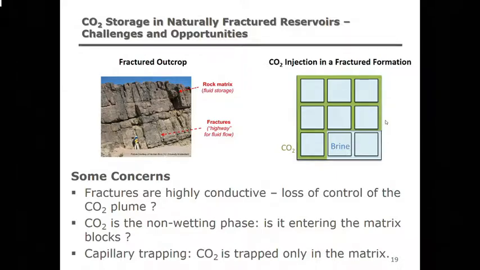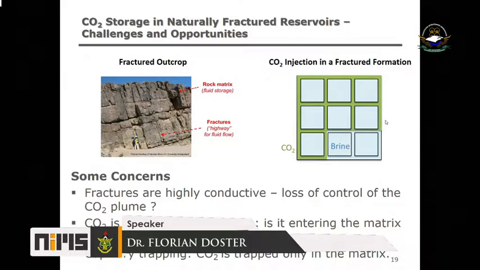And two main questions pop up. Do we actually get the CO2 into the matrix? Because that's where most of the volume sits. So that's where we can achieve safe CO2 storage. And can we control the migration of the CO2 plume?